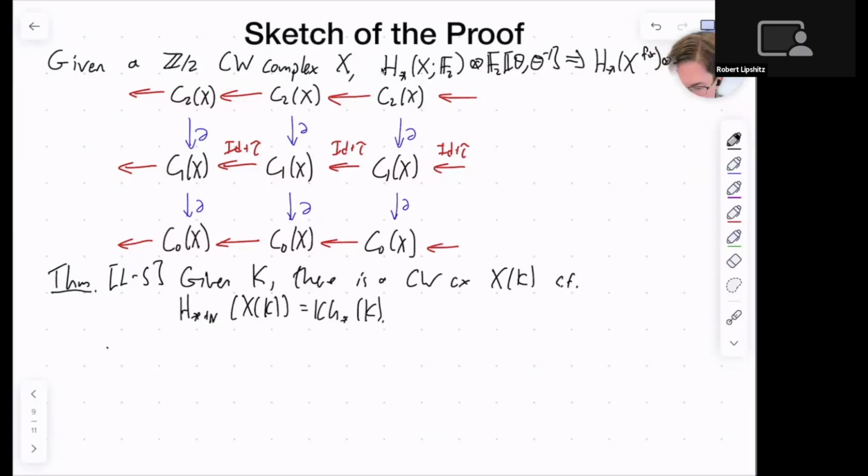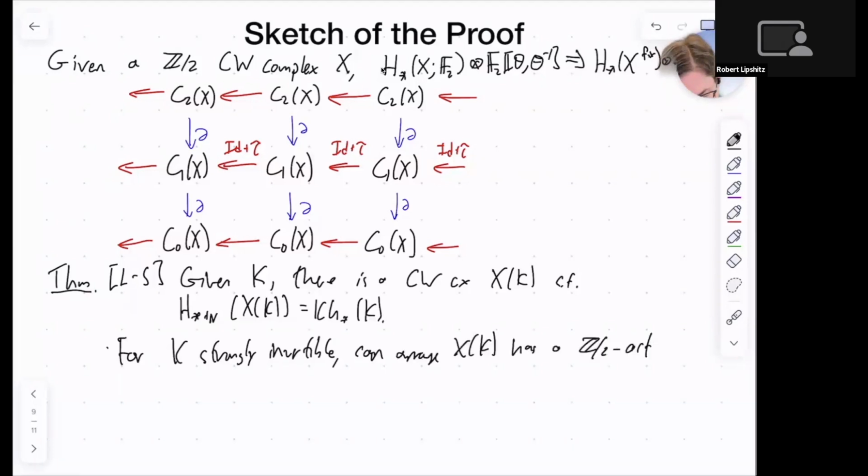And this is natural enough that for K strongly invertible, you can arrange that X of K has a Z2 action. So X of K is built in a way similar to Khovanov homology, and in particular inherits an action from the way you get one on the Khovanov complex.